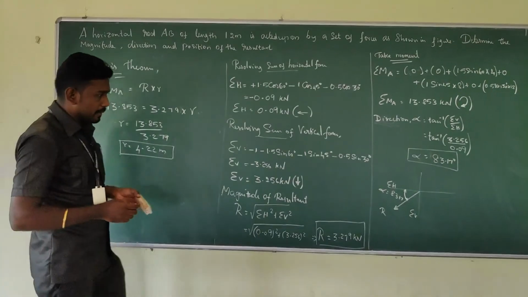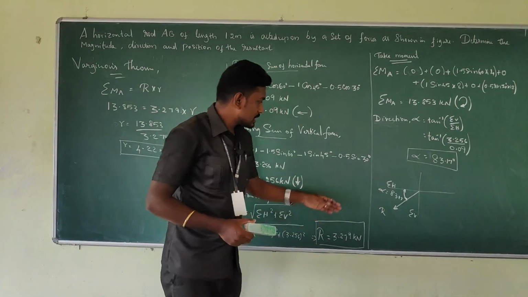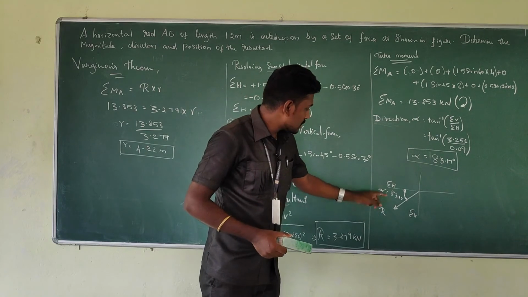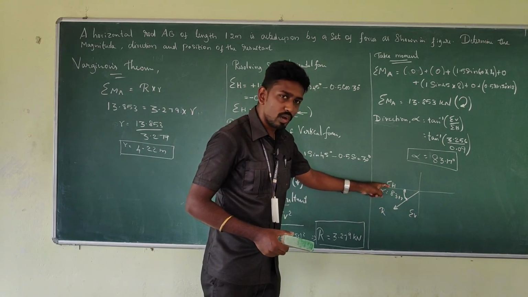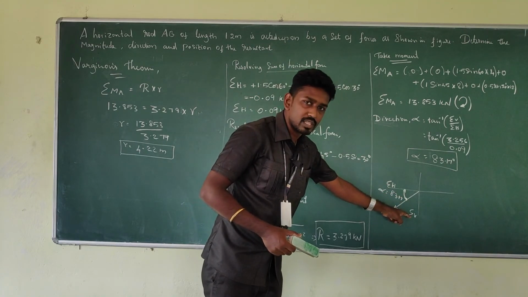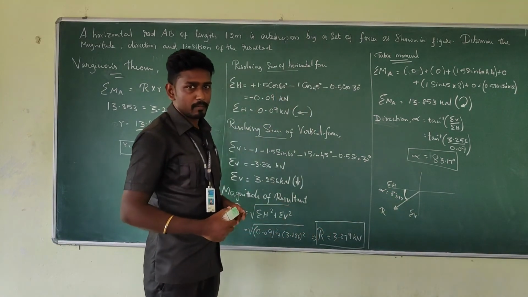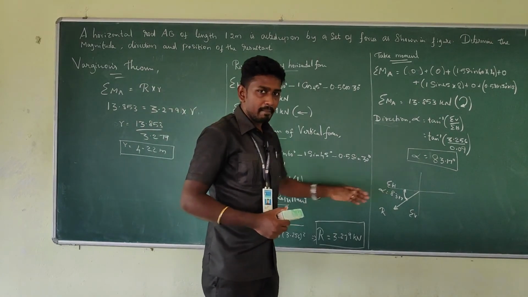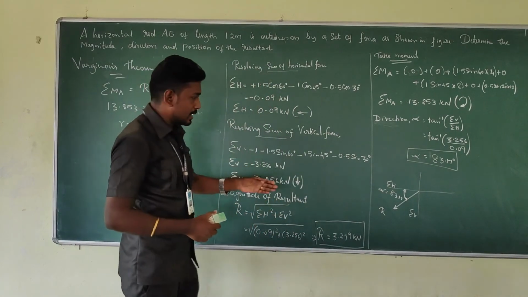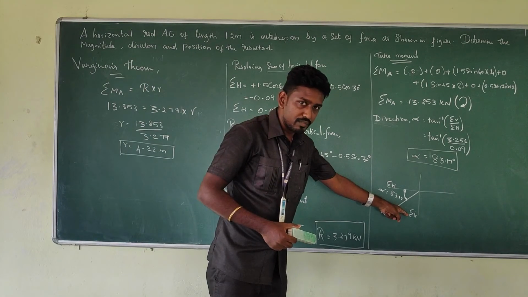So just think, here is the resultant force we have plotted. We know for the resultant force, this is the summation of H, the horizontal component, and sum of vertical force, the vertical component. So in order to specify x, I am going to apply Varignon's theorem by including the sum of vertical force.